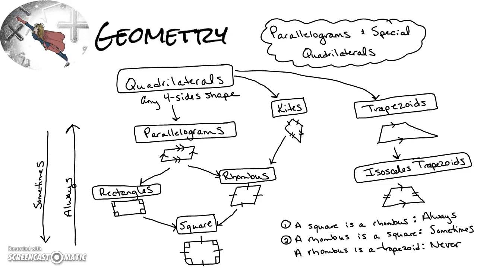Whenever you're looking downward, you will be saying sometimes. And then the third statement, that a rhombus is a trapezoid, well, then we were trying to go sideways in the flowchart. That will be a never when you're trying to do that.